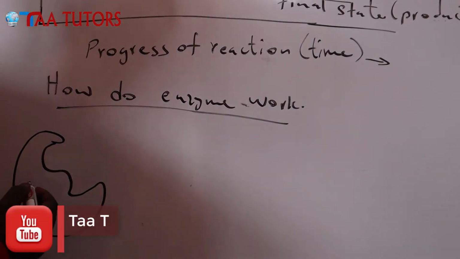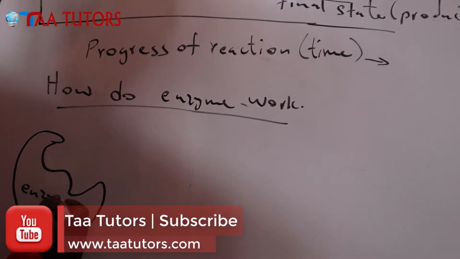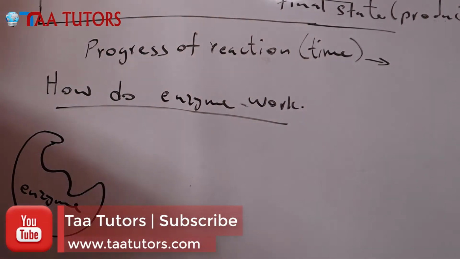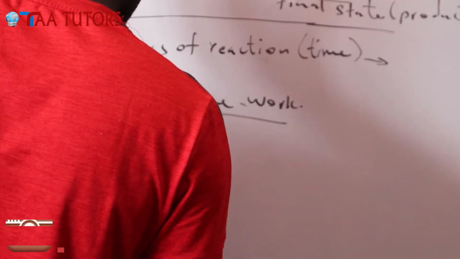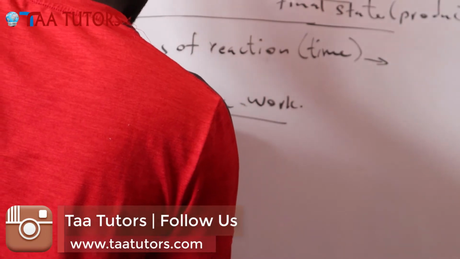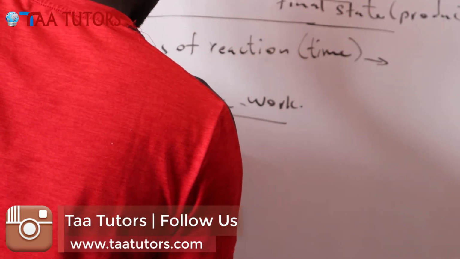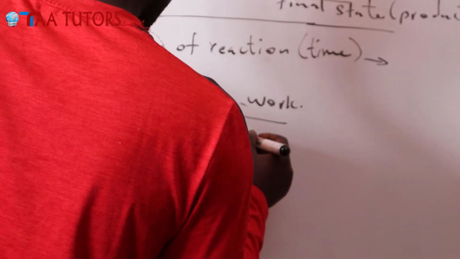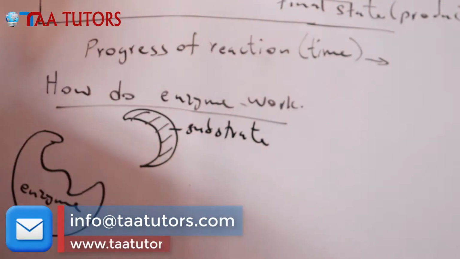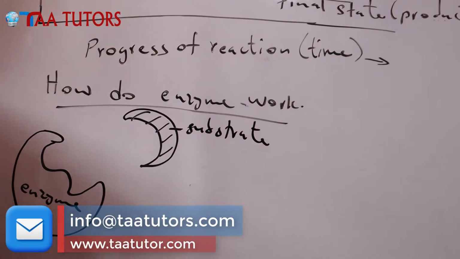So I can refer to this as the enzyme in this case. I can demonstrate that. And then I can have the molecule that it's working upon, which in this case will be this one here. Let me call this the substrate. The substrate. So you see this particular thing, how they look.